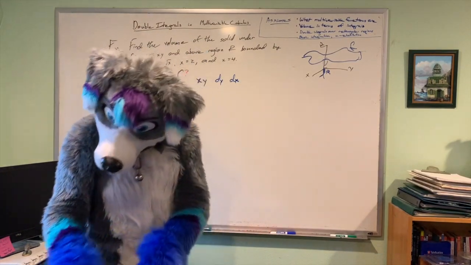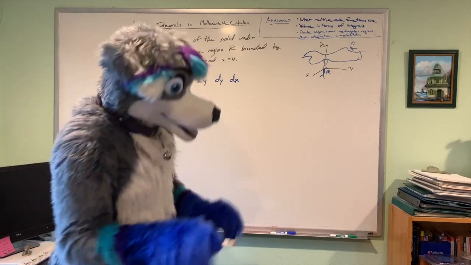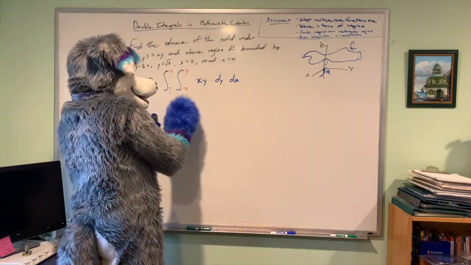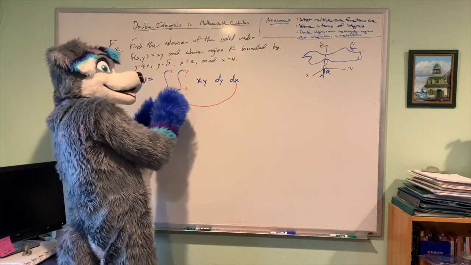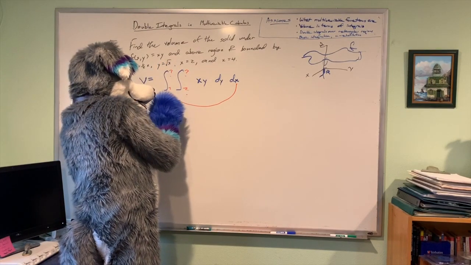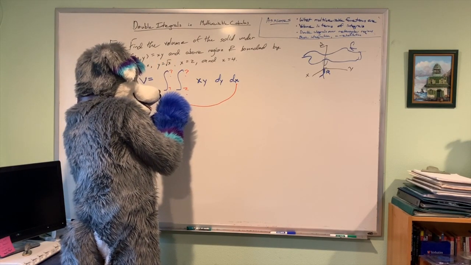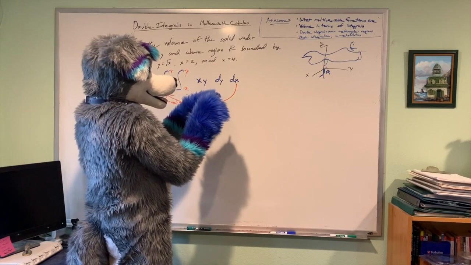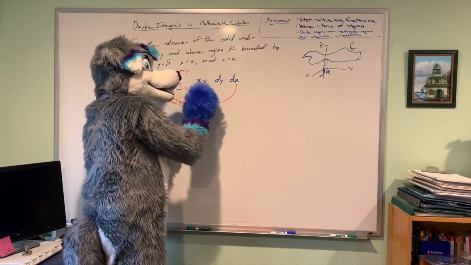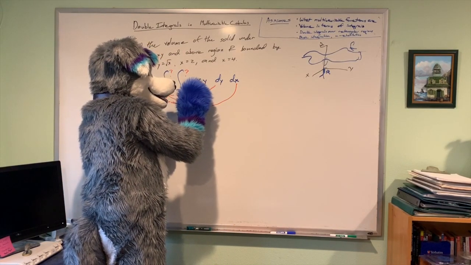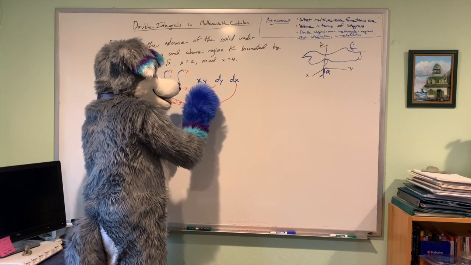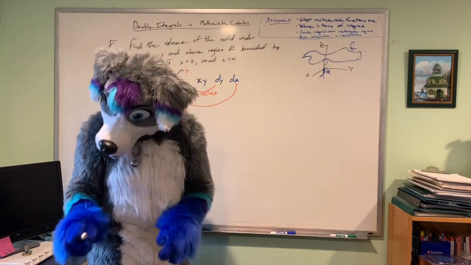Once you write that down, that tells you that the outer integral refers to x values, and then the inner integral refers to y values. Now let's write down that sentence that I talked about.